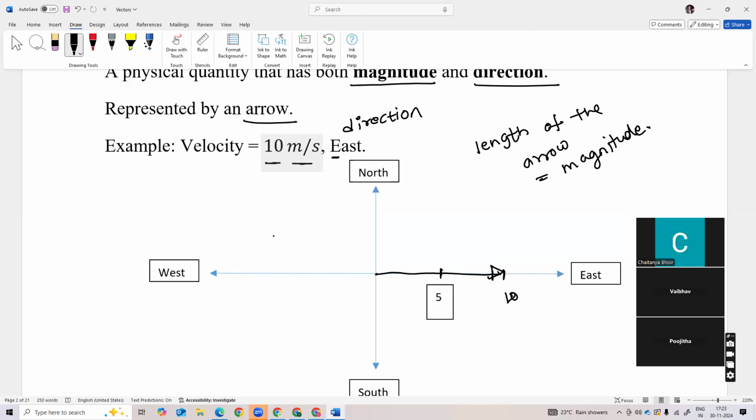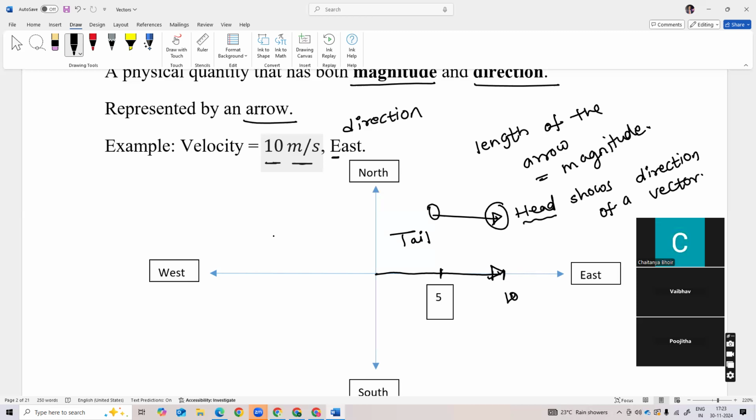Okay, and if you have this arrow, this part is known as the head of this arrow, and this end is known as the tail of the arrow. So this head basically shows the direction of a vector.